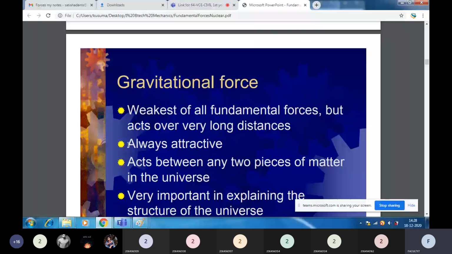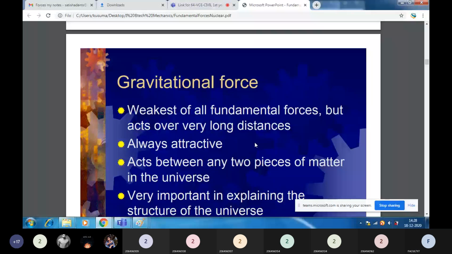It will definitely come back to the ground. The object gets attracted by the earth. So it is the weakest, but it acts over long distances. The next important point is that it is always attractive, and it exists between any two objects of matter in the universe.